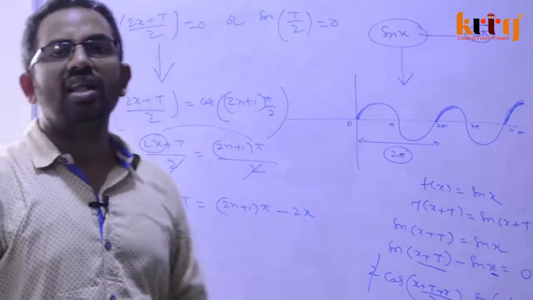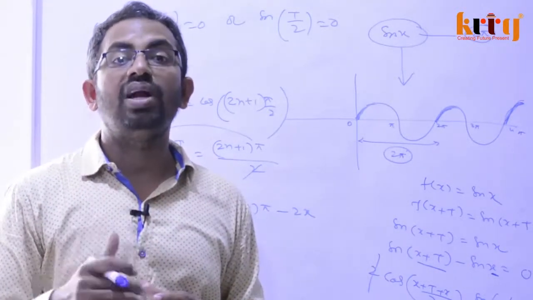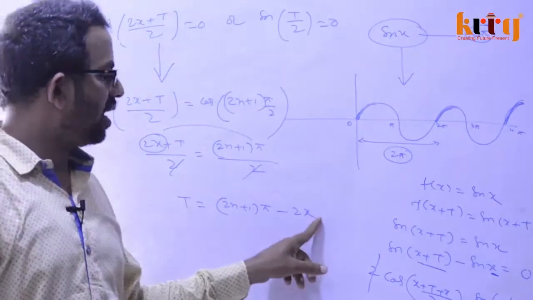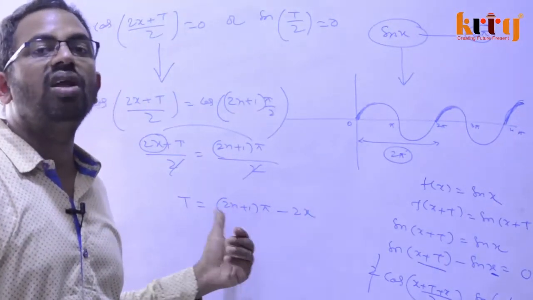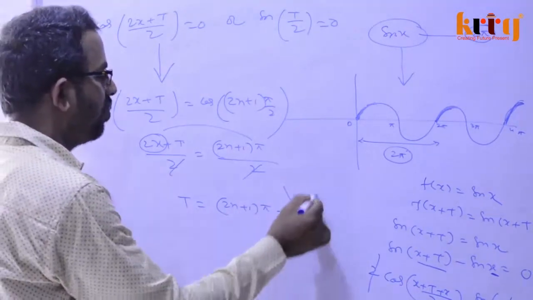So what the algorithm says is that whenever you are finding the value of t, it is not supposed to depend on x. Here t depends on x. Only if you know the x value will you know the value of t. In this case, we cannot discuss the period.